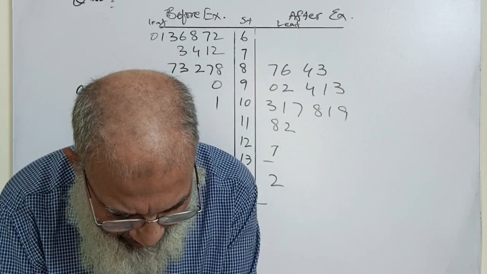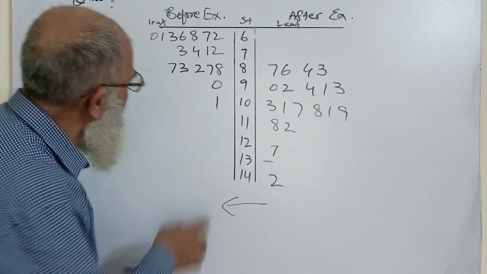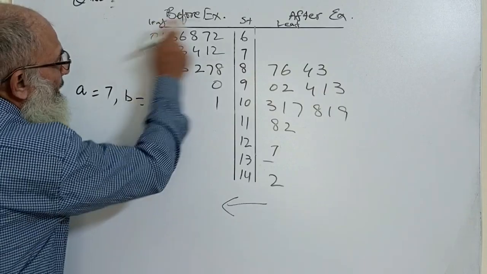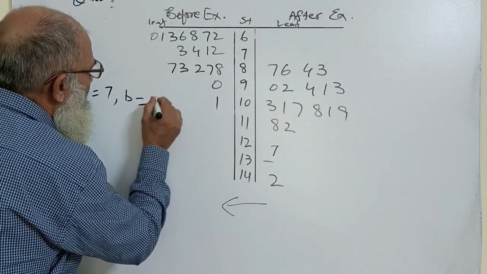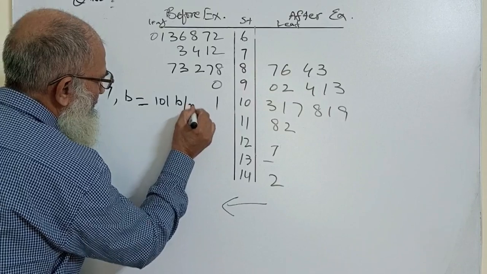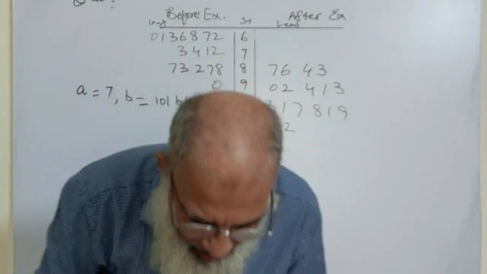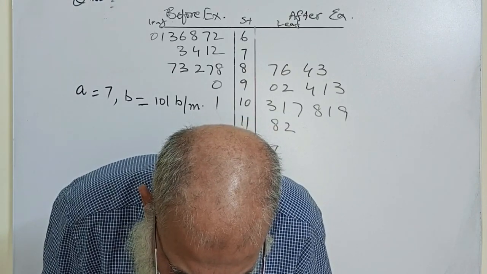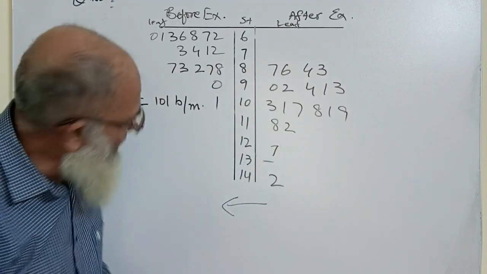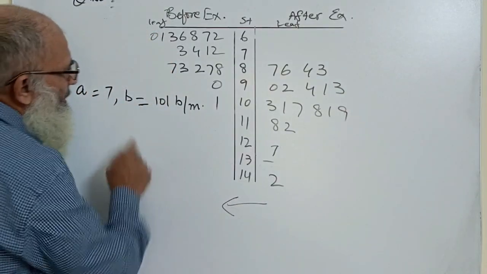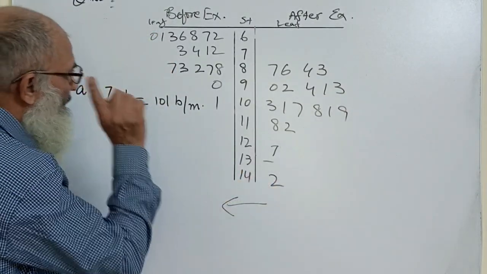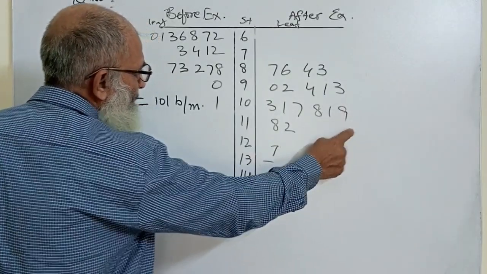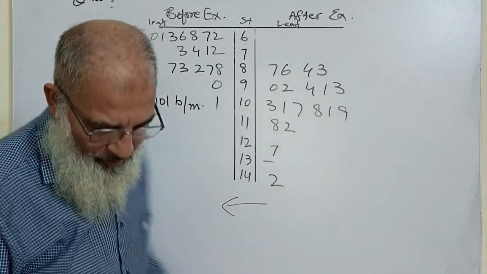What was the highest pulse rate measured before exercise? Before exercise, the highest pulse rate is this. B, before exercise: 101 beats per minute. What did that person have as the highest pulse rate after exercise?